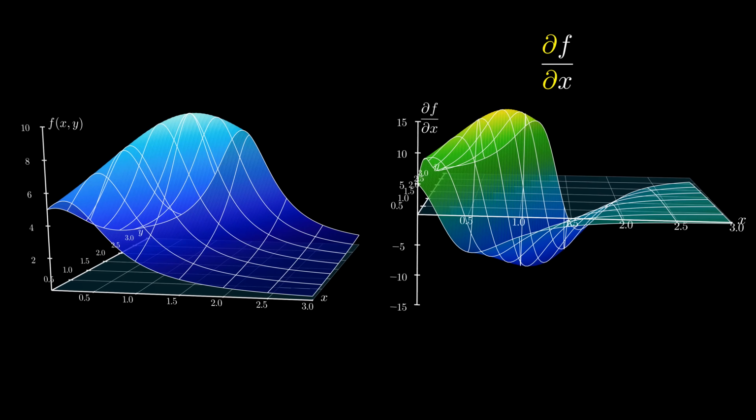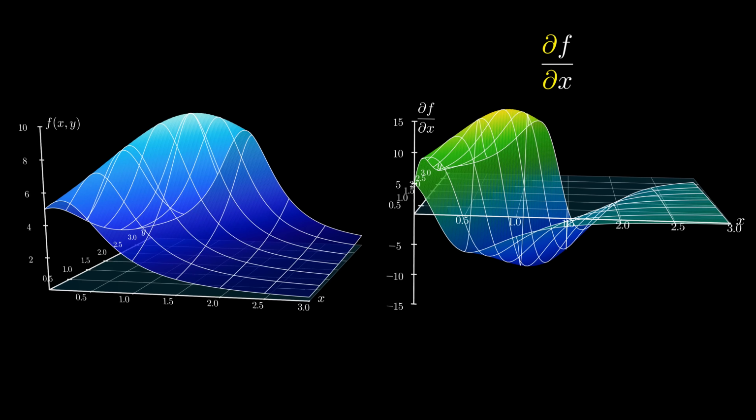This notation just tells us that there are also other variables which we are holding constant. And we call these partial derivatives. And the notation, curly df over curly dx, can be read as partial f partial x, or the partial derivative of f with respect to x.